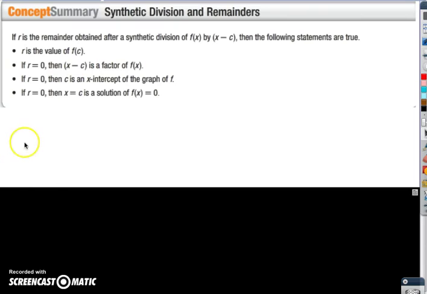Now, if r equals 0, then x minus c is a factor. And if it's a factor, folks, it goes back to the first slide we did today, or the second slide technically, where it was all those things from our theorem from last section. So that's really important to us if the remainder is 0. But, just going over a few things here quickly, we have the following.